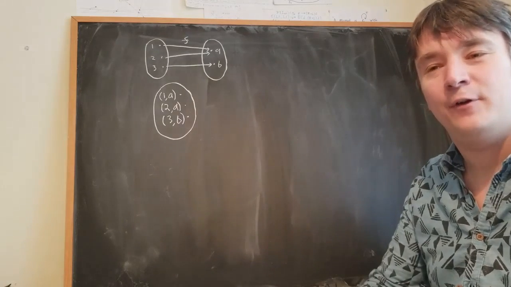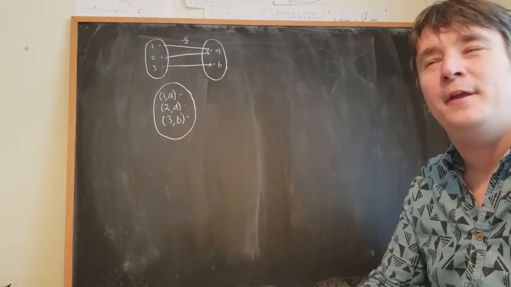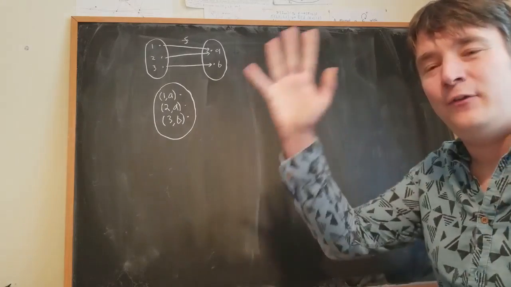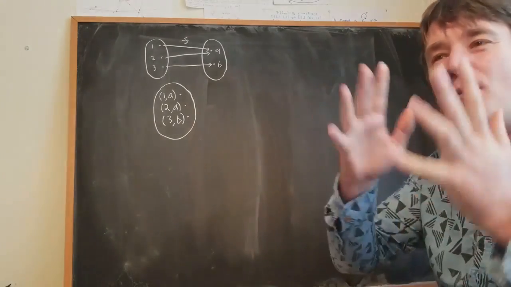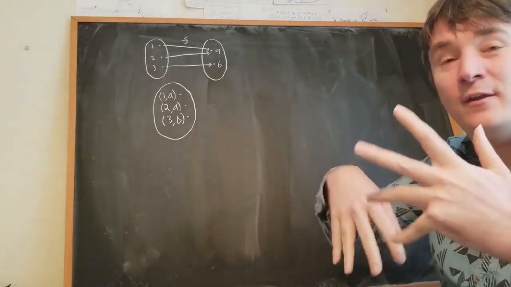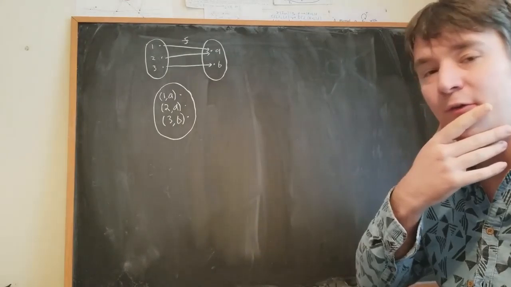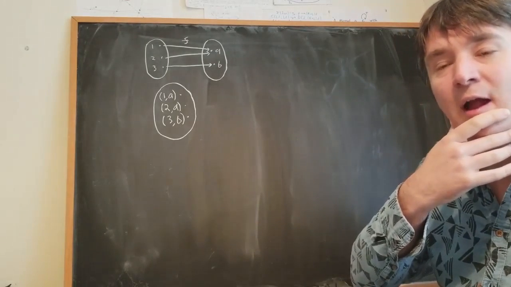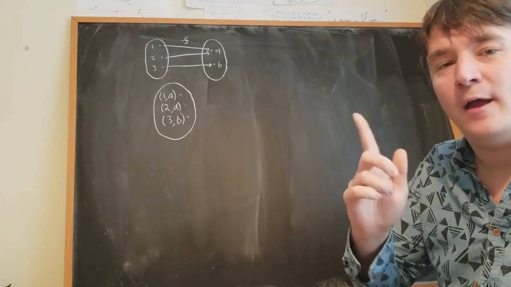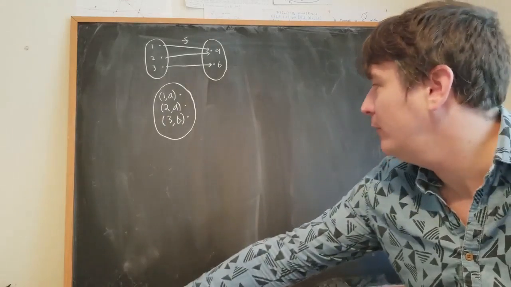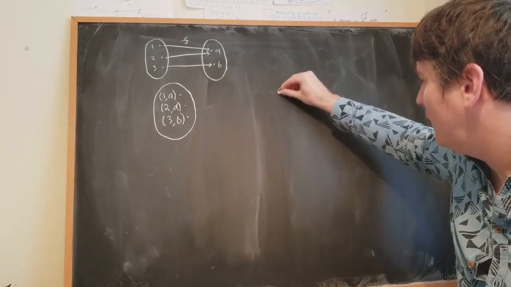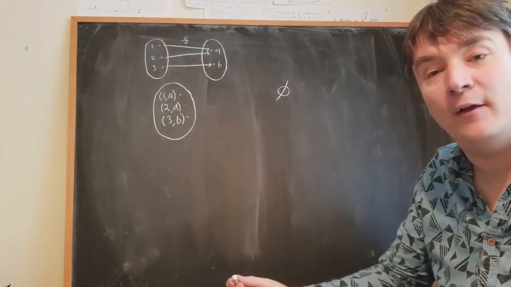Okay, so we have this conundrum then. We have the category Set that has these objects representing sets and these arrows representing functions. And we want to know, what is an initial object in this category Set? And the answer is the empty set.